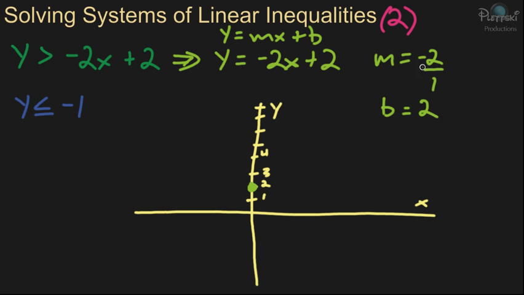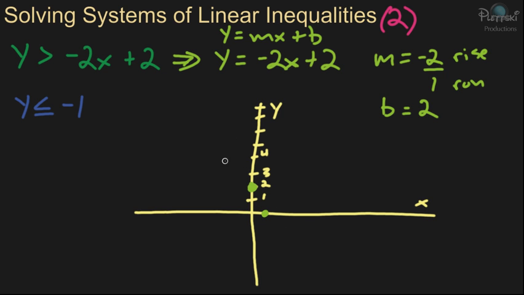And it has a slope of negative 2 over 1, or negative 2, which means you rise negative 2 and you run 1. So start at your y-intercept, 2, go down 2, because that's your rise, negative 2, and then run in the positive direction 1. And that'll get you another point on your line. And now you'll be able to draw the line.